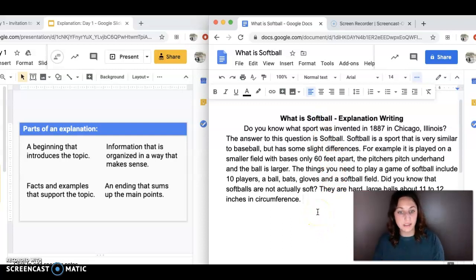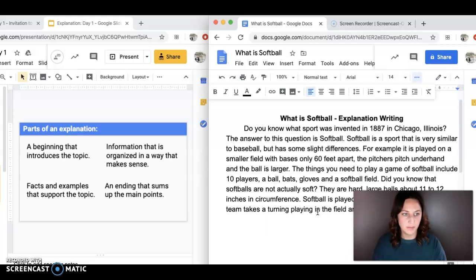I've said some cool, interesting facts about it. I've talked about what you need, and now I'm going to go a little bit on how it's played. I am going to say softball is played with two teams where each team takes a turn playing in the field and batting at the ball.